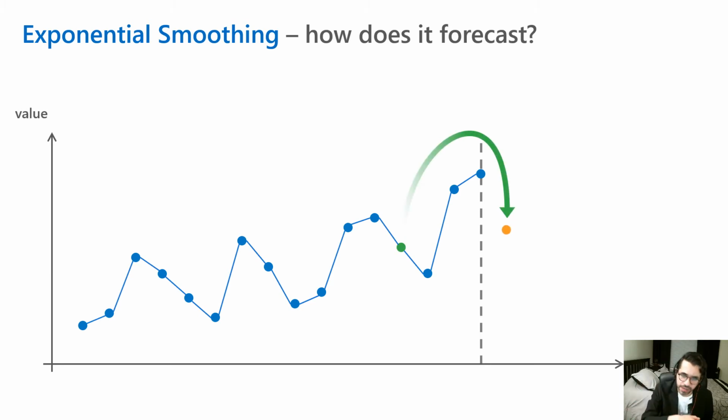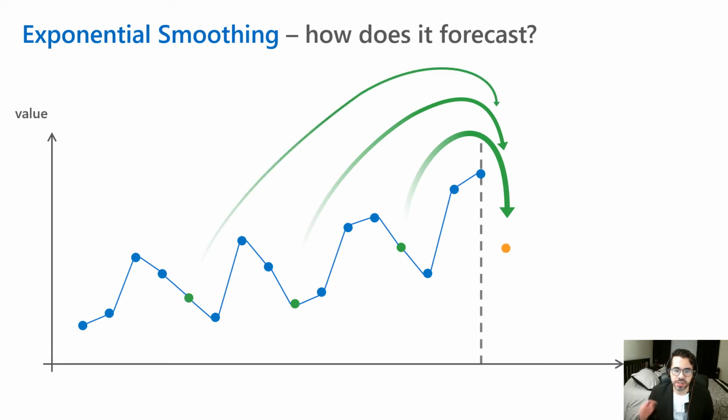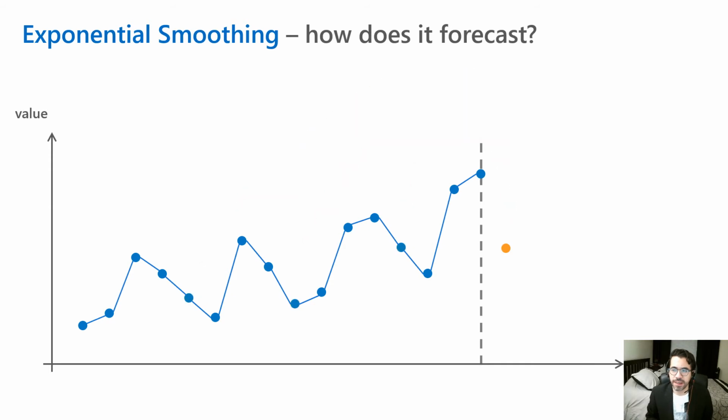So it's going to push it down, because 4 time steps ago, the value was quite a bit lower. And again, with exponentially decaying influence going backwards, that value may go even further down. And so on for the rest of the time steps. You take the components and figure out the new time step values.